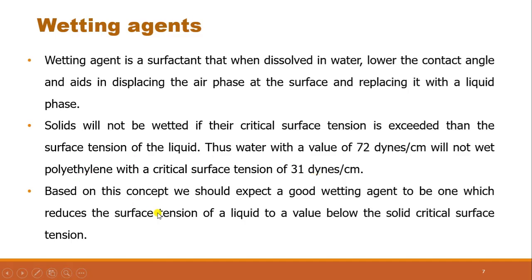Based on this concept, we should expect a good wetting agent to be one which reduces the surface tension of the liquid to a value below the solid's critical surface tension. The HLB value of a wetting agent is in the range of 6 to 9 on the HLB scale. We can use wetting agents to improve the wetting of solid in liquid to prepare stable suspensions or for formulation of granules.